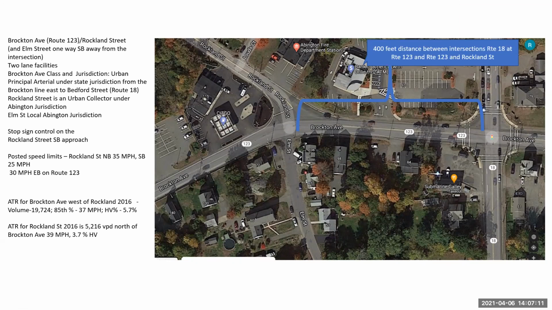Right now, if you're headed into that intersection of Elm and Rockland going toward 139, and the cars are coming across from Rockland Street onto Elm Street, it all depends on if the light's green. At 18 and 139, no one's going to stop. But if the light's red, you have to count on people being nice to let people out of Rockland and up Elm Street, and you can't always count on that.